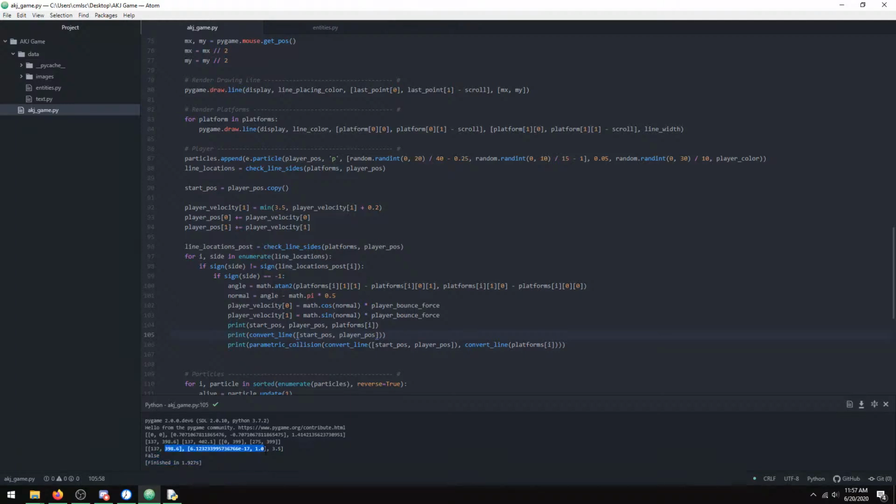So this is the convert line part. So the angle is basically straight down. There's just some rounding issues. With a length of 3.5. Why is it in... What?